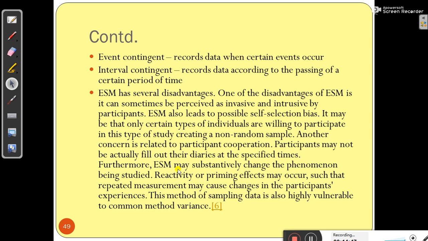Participants may not actually fill out their diaries at the specified times. Furthermore, ESM may substantively change the phenomenon being studied. Reactivity or priming effects may occur, such that repeated measurements may cause changes in the participants' experience. This method of sampling data is also highly vulnerable to common method variance.